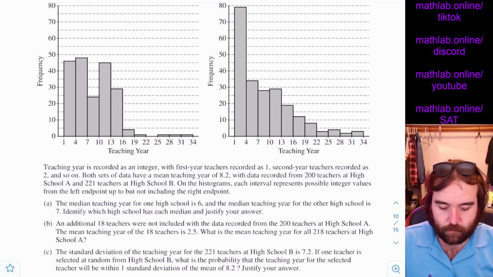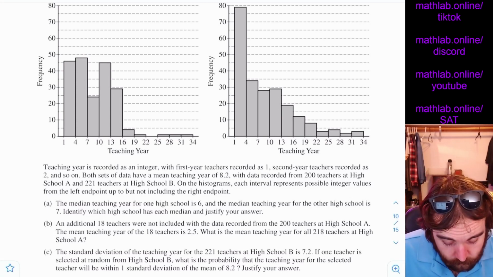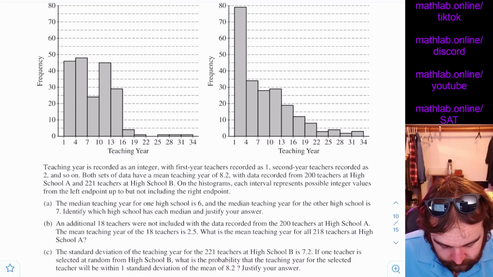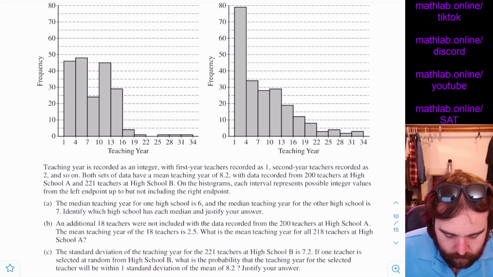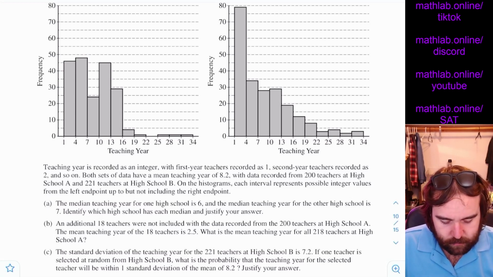So... I mean, we can really just kind of calculate it, right? Or no, we can't. We have to look more at the tails.